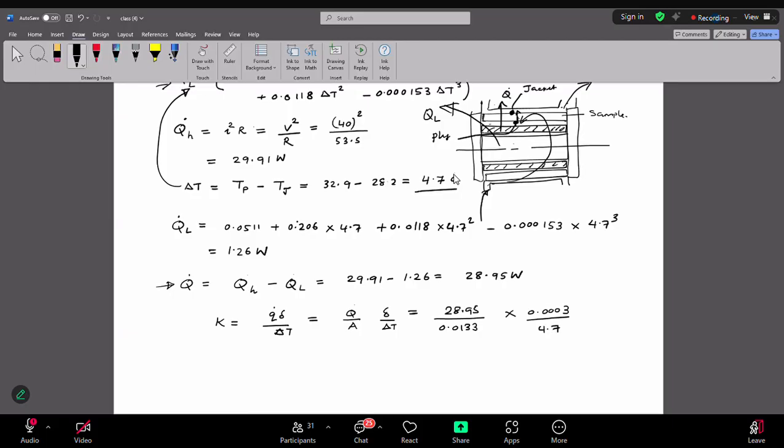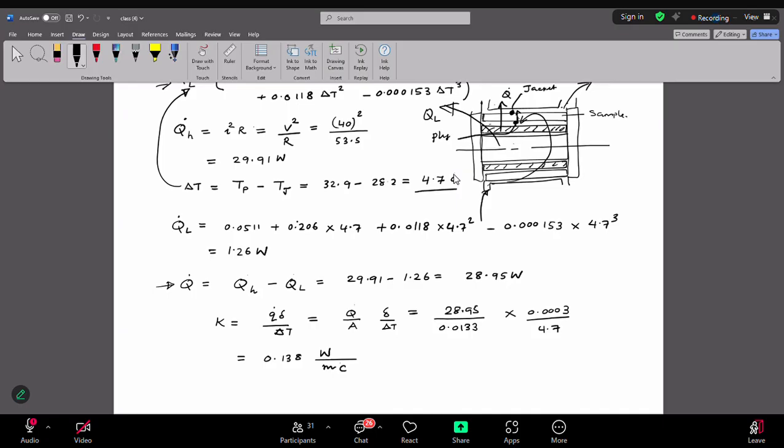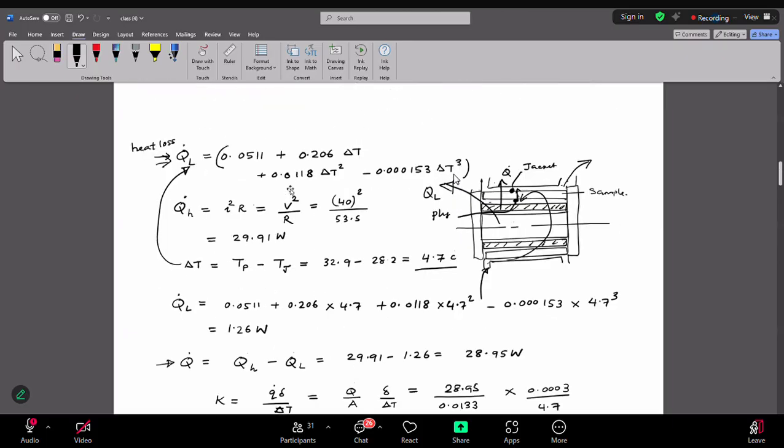If we calculate this correctly, we would get 0.138 watt per meter degree C. So this is the first part of the question.